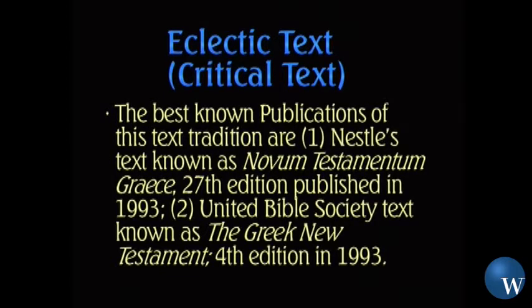And the best known publications of this text tradition are the Nestle's text, known as the Novum Testamentum, 27th edition, published in 1993, and also the United Bible Societies text, known as the Greek New Testament, in its 4th edition in 1993.